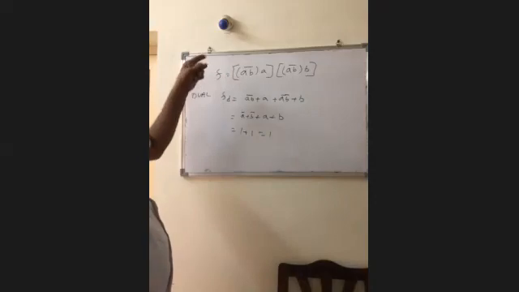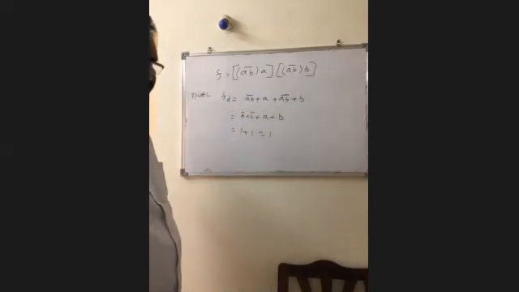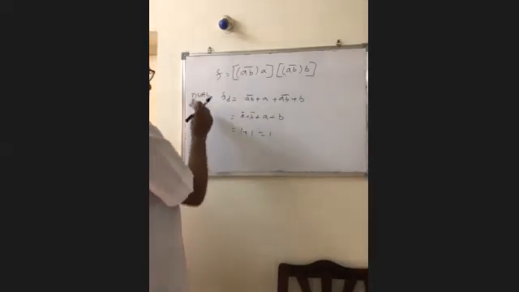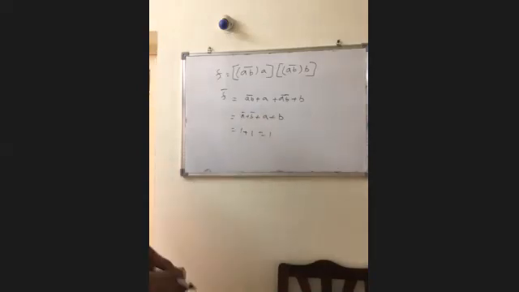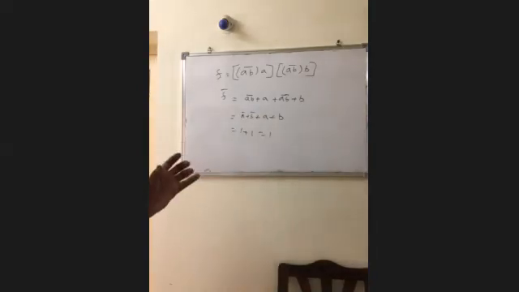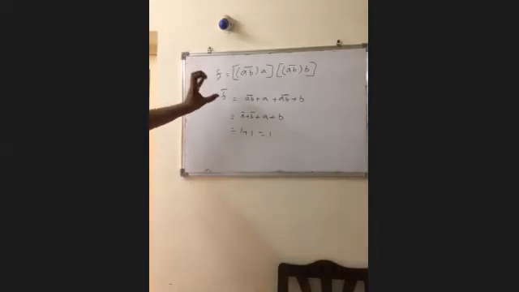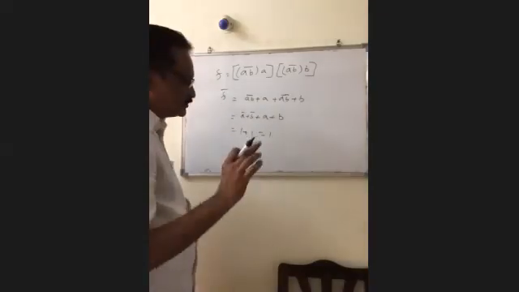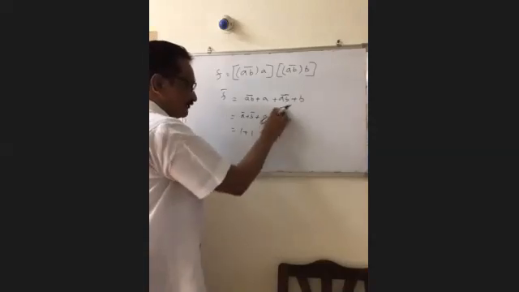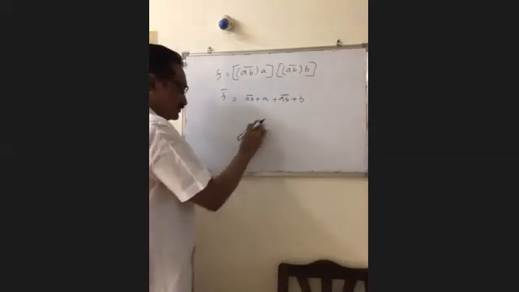What is the complement of the given expression? For the complement, you have to write f bar. Complement of the given function, write f bar. It is equal to, let us assume, and the choice is yours. While writing the complement, the choice is yours.